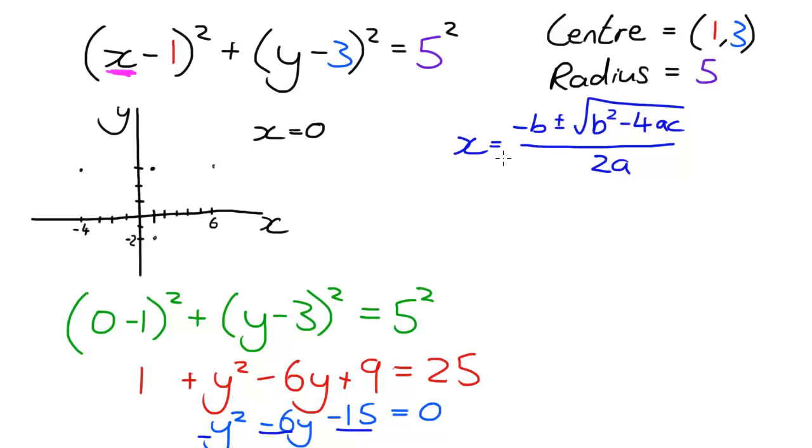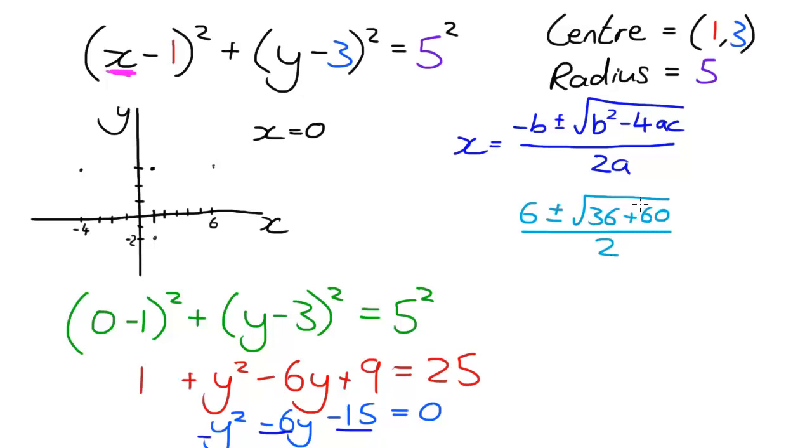So what are we going to have? Minus b, so we're going to have a 6 here, plus or minus the square root of 36 minus 4 times 1 times minus 15, which is going to be 60, so we get a plus 60 in here, and then go over 2.